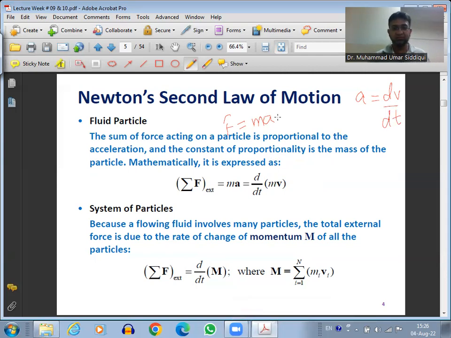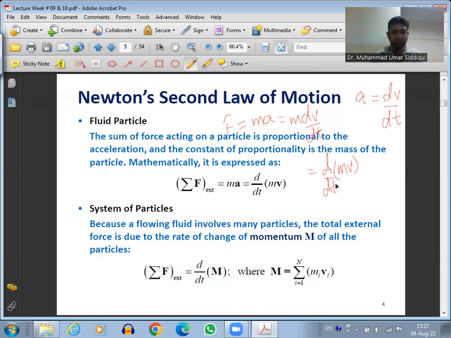So F equals ma can be written as F equals m dv by dt. Or we can write this as d by dt of mv, because mass is constant, it's a constant of proportion, so the constant can go inside the differential as well.